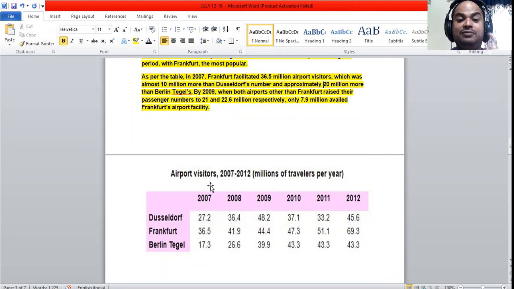And by 2009, both airports other than Frankfurt raised their passenger numbers to 21 and 22.6 million respectively, only 7.9 million more passengers.